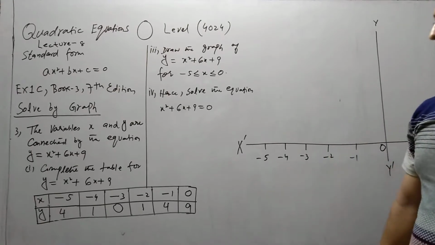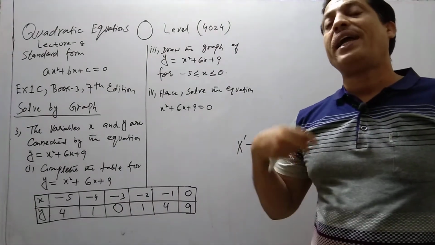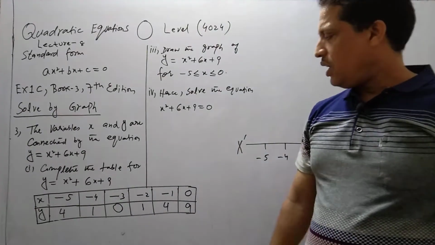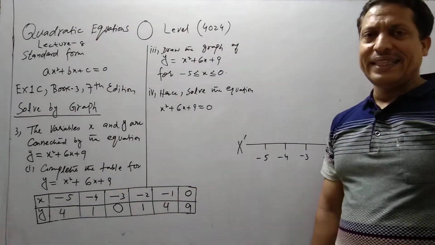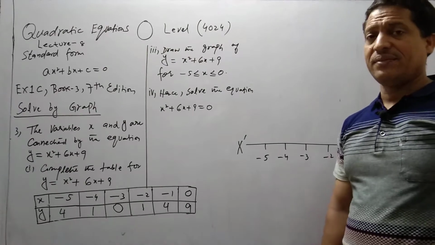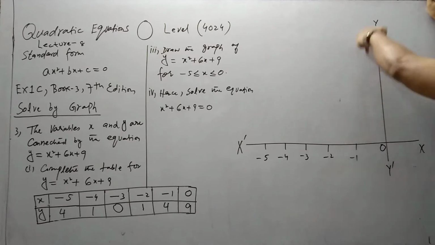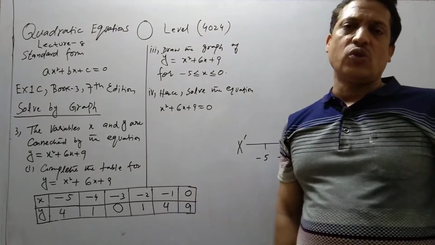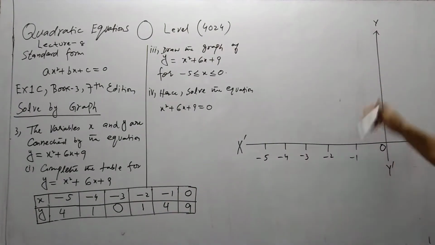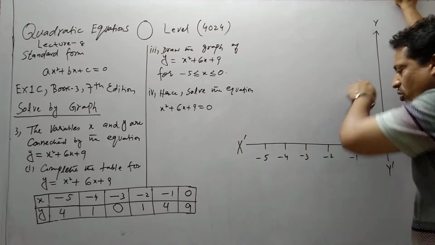Now come to y. How many negative values of y and how many positive values of y are given? After looking at the values of y, we see that there is no negative value of y. So leave a very small margin for negative y and a very large margin for positive y, because no negative value of y is obtained. So what is the scale? It is not necessary that you take the same scale on both x and y.